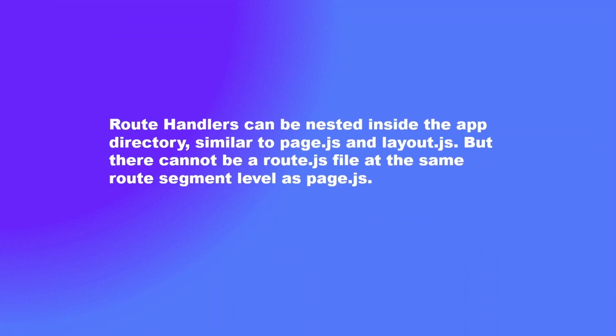Route handlers can be nested inside the app directory, similar to page.js and layout.js. But there cannot be a route.js file at the same route segment level as a page.js. In simple words, the page file and the route file should not exist in the same folder.